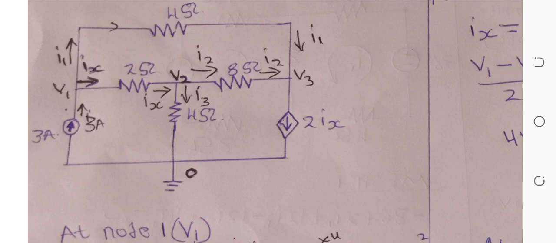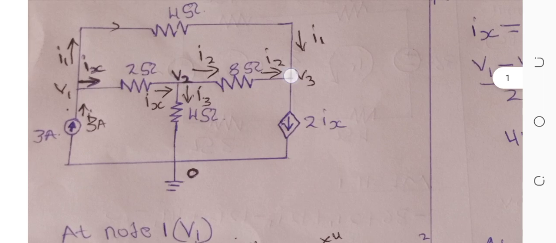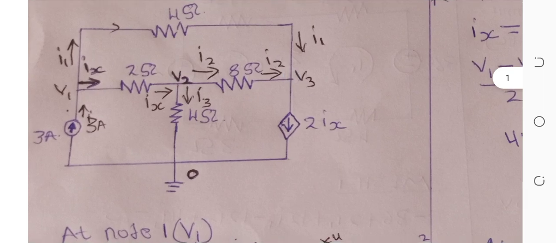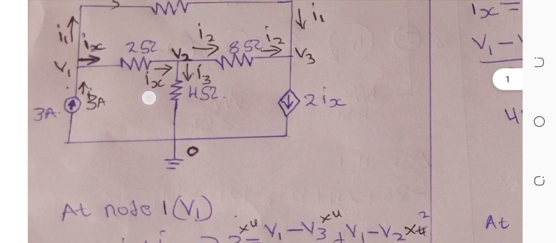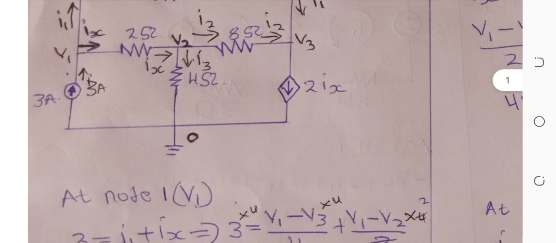So we are needed to find the voltages at those 3 points, this node over here, this node, and this one. To find the node voltages, we'll use KCL at each and every node.